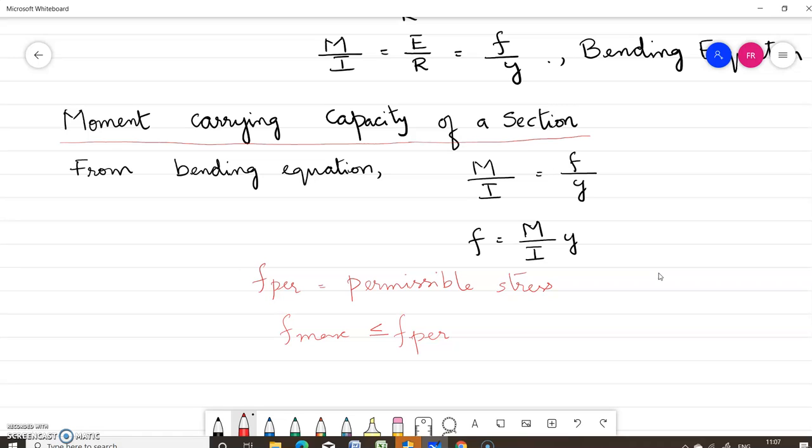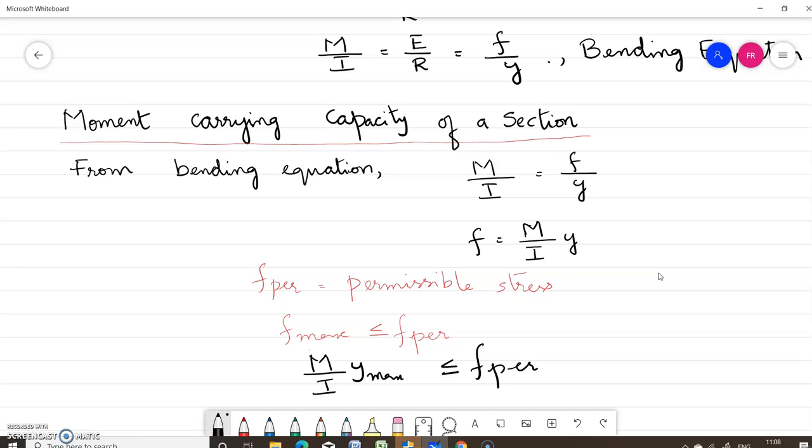So the bending stress is maximum on the extreme fiber where Y is maximum, and in any design this extreme fiber stress should not exceed the maximum permissible stress. So we can write M by I into Y max, because maximum stress will be at the extreme fiber, should be less than or equal to F permissible.